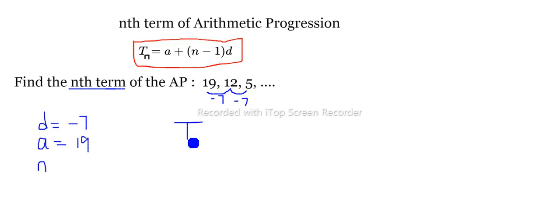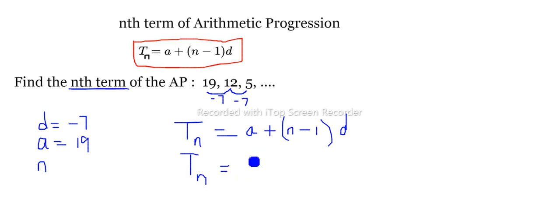The nth term is given as a plus n minus 1 multiplied by d. Since the n is not specified here, we just keep the n as n. So this will still remain as Tn since it was not specified. They only said nth term.